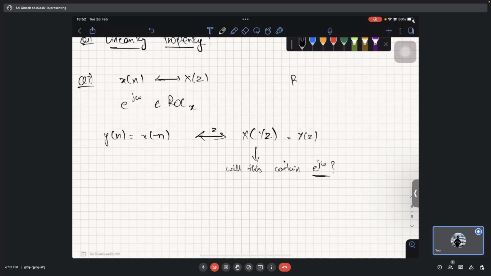We have seen that the ROC of the time reversed signal has 1 by Rx. So the poles and the zeros in the radial directions get reciprocated, like 2 will become 1 by 2 and 1 by 2 becomes 2. So if we have the Z transform property and this ROC property, will this include e power j omega? So this is the question.